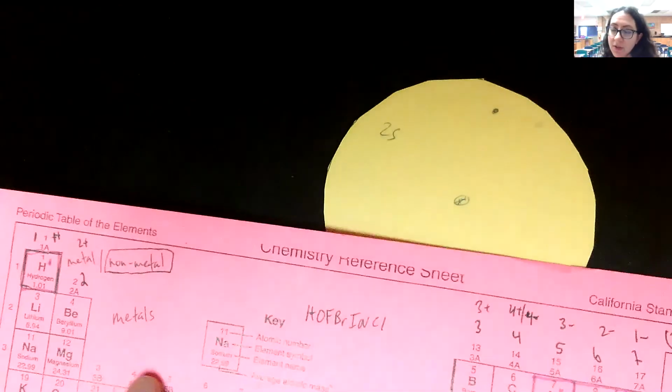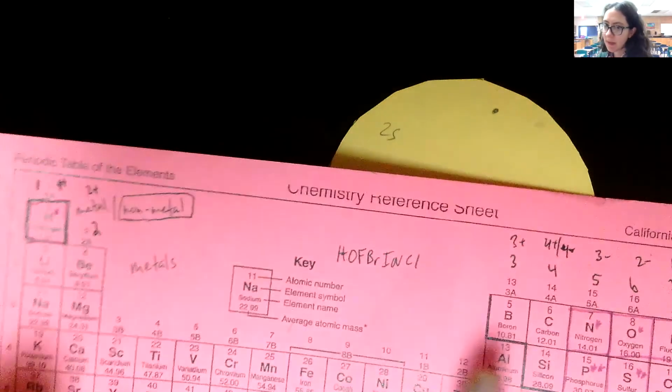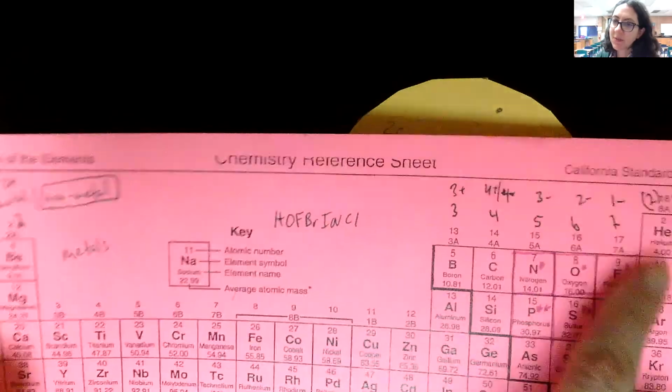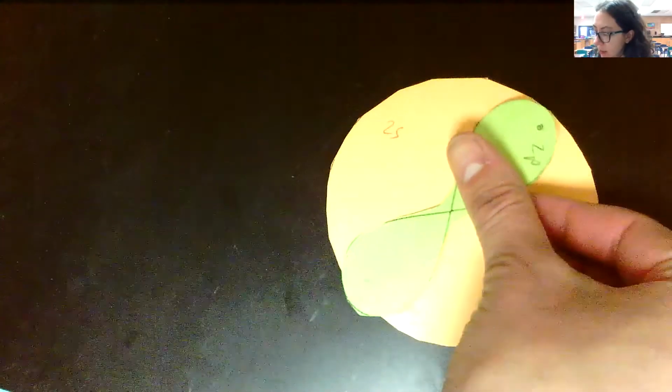As we go across the periodic table, we can see that the second shell doesn't have any d orbitals. It just has s's and p's. So as we start filling in more electrons for each of these elements, it just starts occupying more and more of these orbitals.